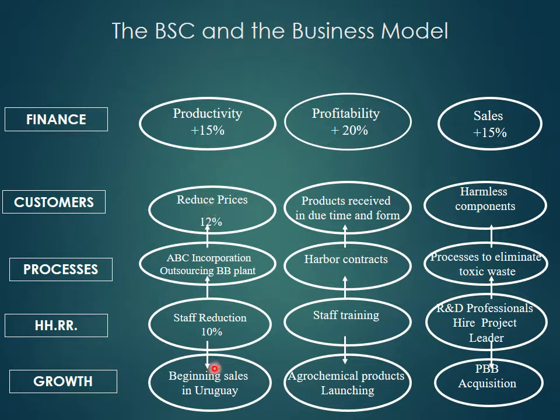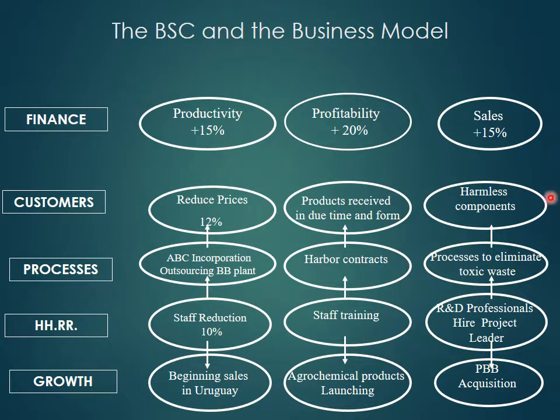So you see that there is a logical connection, and the final financial result is an improvement in productivity. Here is an improvement of the profitability. Once again, you train your staff. This training impacts the processes, and these new processes make customers happier, and at the same time you innovate and grow.